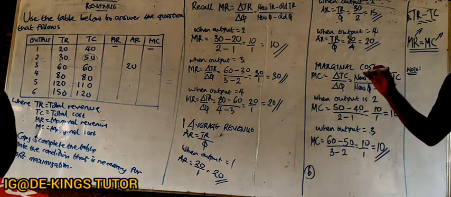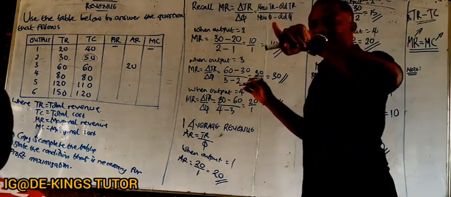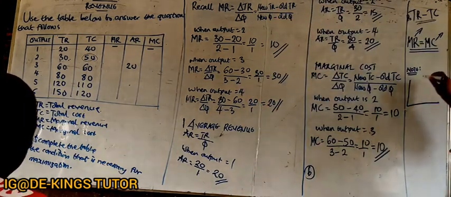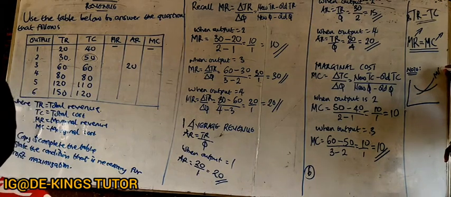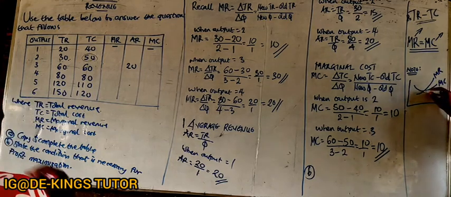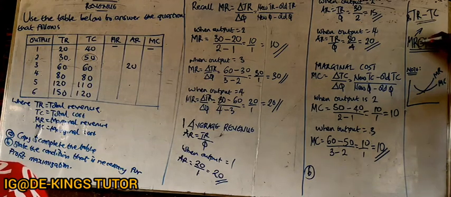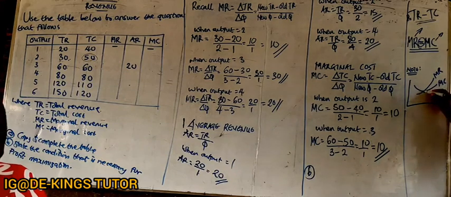Now most times, listen, they might give it to you in a graph. Try writing this down. They might give a graphical representation, and you might see a situation whereby they tell you this is MR and this is MC, and they're asking you what this point is. When they meet at this equilibrium point, it means they are equal at this point.